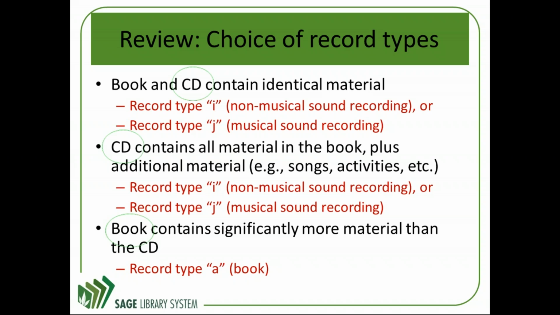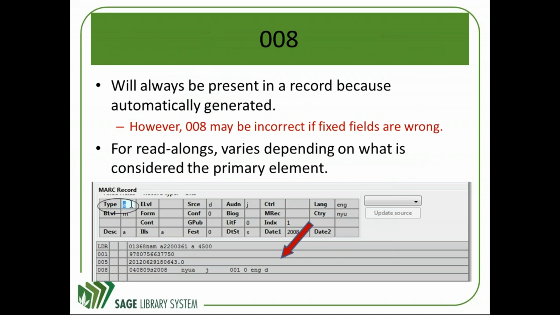Let's see here. So let's go ahead and take a look at the 008s. I think it's important to first think about the 008 before we start talking about the 006, because you need to understand what's being represented in the 008. Also because the 008 is always going to be present in a record.